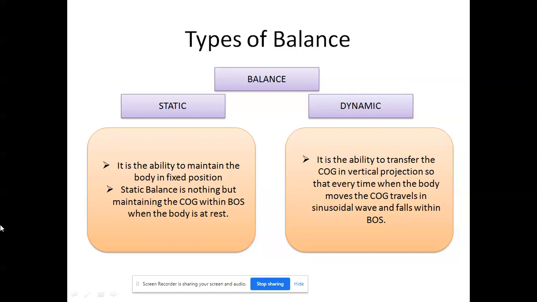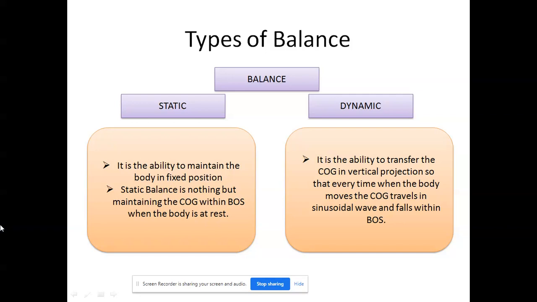It is the ability to transfer the COG in vertical projection so that every time you move, the COG falls within the BOS. Now, how does the COG generally travel when you walk? For example, when you walk, the COG always moves in a sinusoidal wave. As I have already said, the ability of transferring the COG in a vertical projection so that the COG falls within the BOS is your dynamic balance.